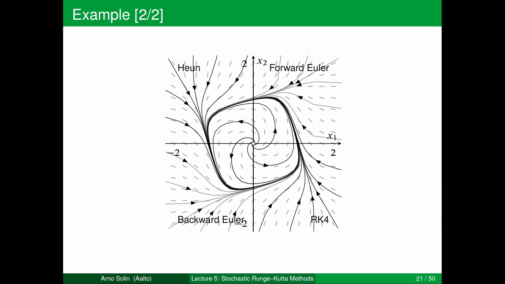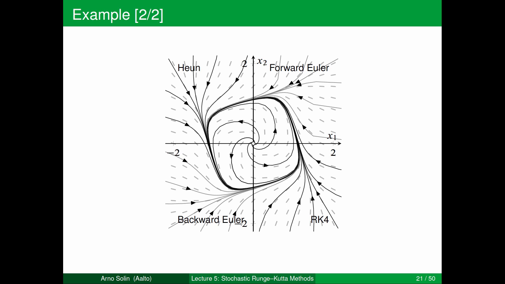If you now closely look at these trajectories, for example, the forward Euler method in the upper right quadrant, you see that it differs from the rest. And even though this problem should be completely symmetric and all the solution trajectories starting from different quadrants should be similar, in this case they are not.